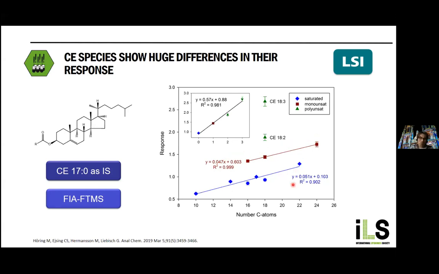The most pronounced difference he observed is if you add double bonds. Here it's a C18 species: saturated, monounsaturated, diunsaturated, and three double bonds. And you see it increases hugely the response of the cholesterol esters. Here it's just plotted the response of the C18 cholesterol esters.